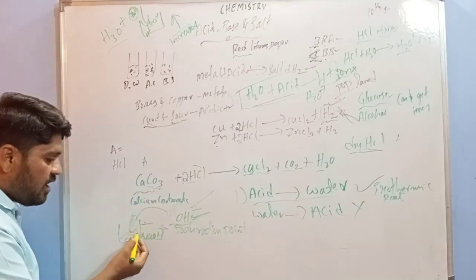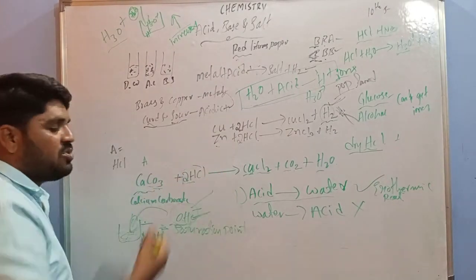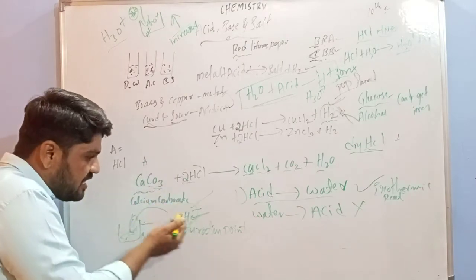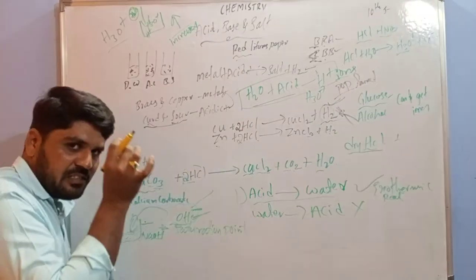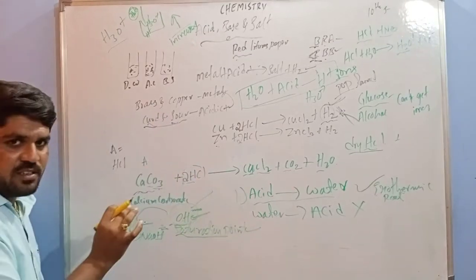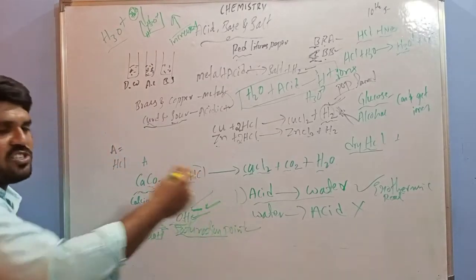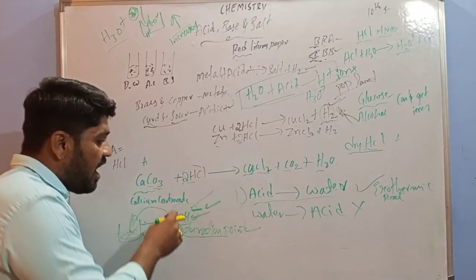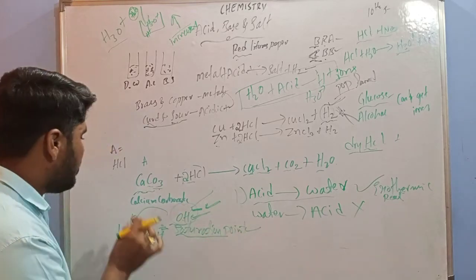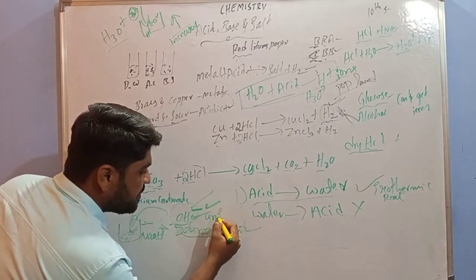Here OH minus is already there, and from the addition of base we also produce OH minus ions. That would increase the concentration of OH minus, but actually the saturation point is reached, so the concentration of OH minus is unaffected.